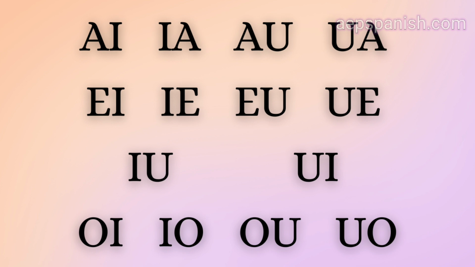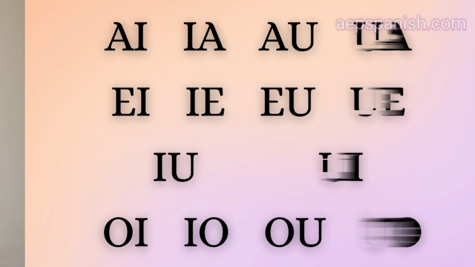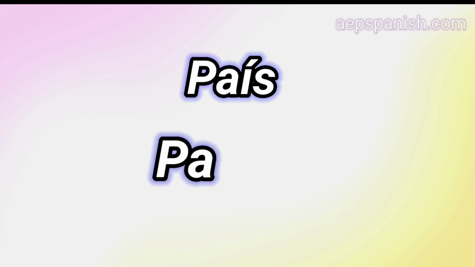Ai, ia, au, ua, ei, ie, eu, ue, iu, ui, oi, io, ou, uo. When we break it, it means we pronounce each letter in a different syllable. For example, in this word, País. So it is pa-is.